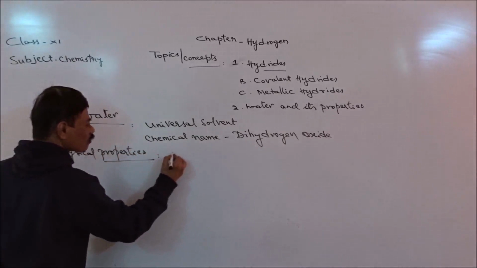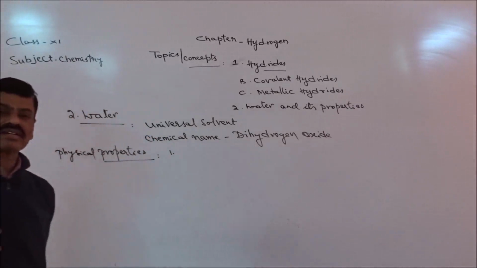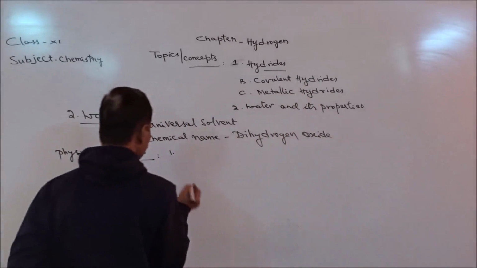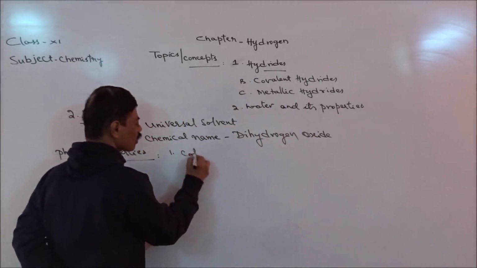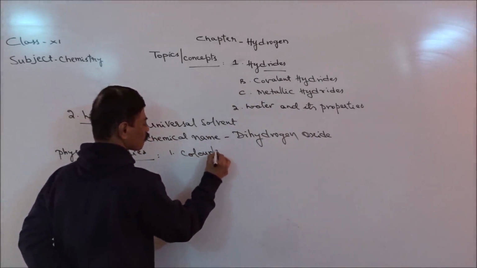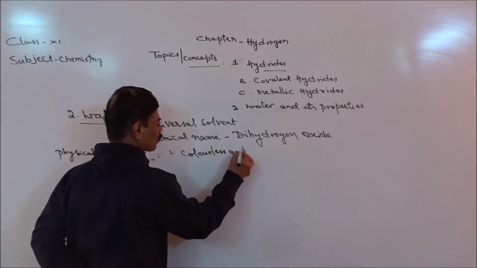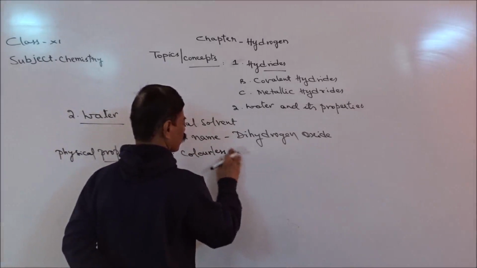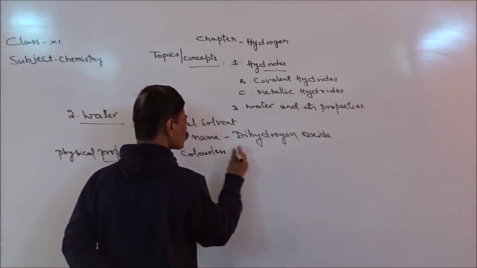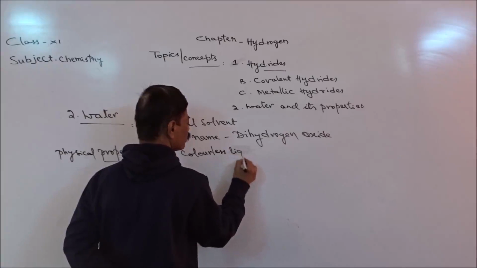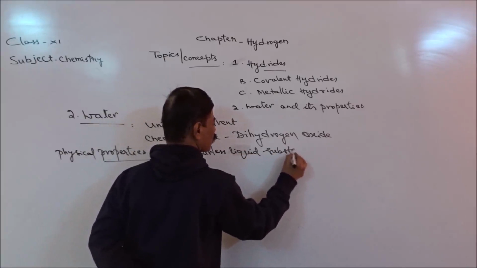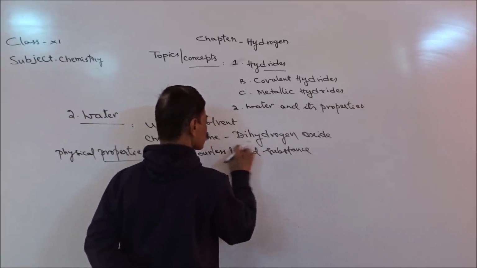As far as physical properties are concerned, number 1, water doesn't have any color and it exists in liquid form. So, we can write it is a colorless liquid substance.